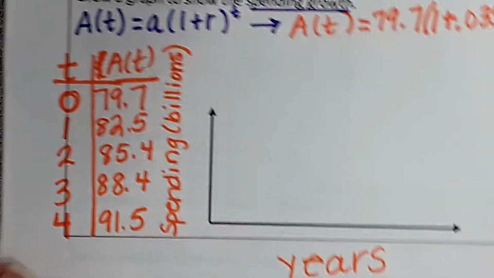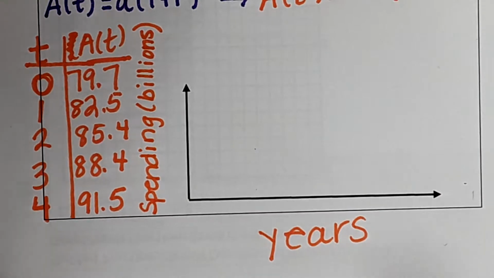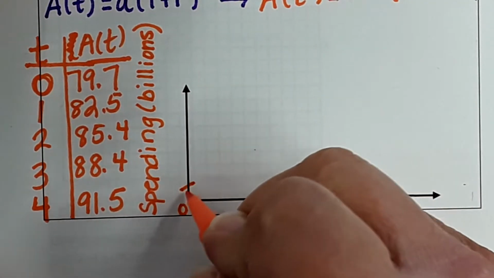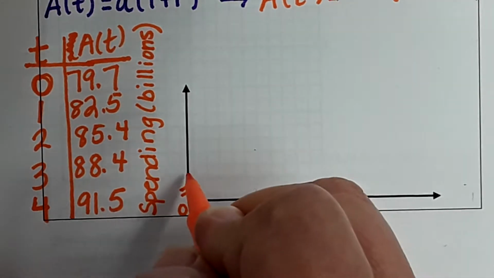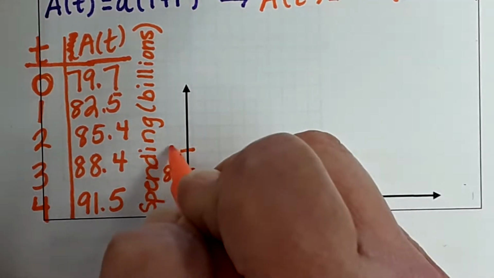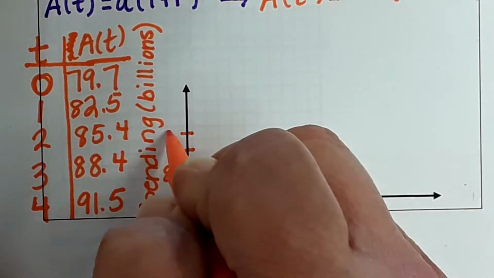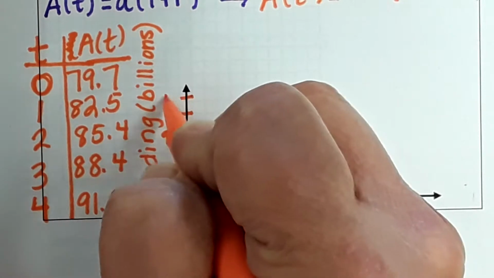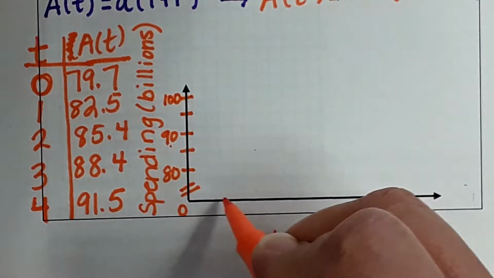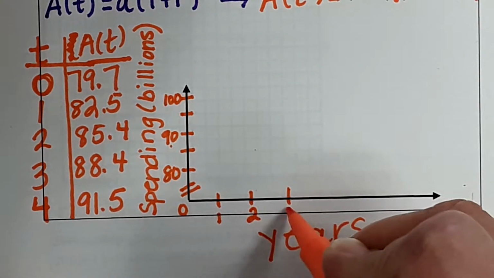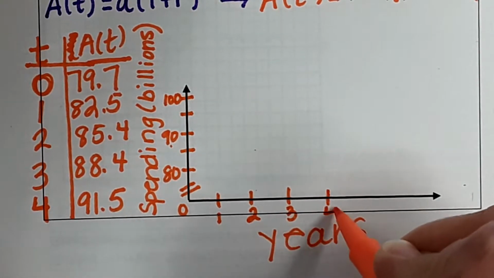This will be 0. We're going to put a little break in, and we're going to start with 80, 90, 95, and then we'll do 100 up here if we need it. And then we'll do 1, 2, 3, 4.